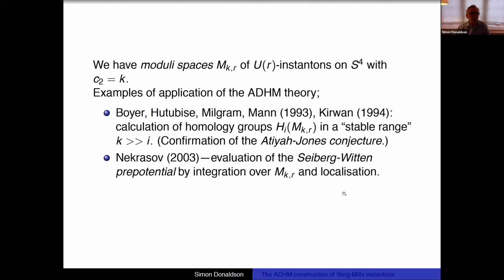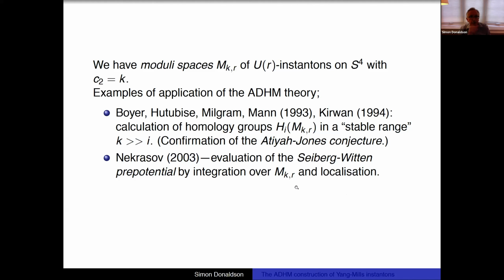In another direction, more directly related to physics, Nekrasov, 2003, used the ADHM description of the moduli spaces to find what's called the Seiberg-Witten prepotential, which I believe is an important thing in supersymmetric quantum field theory, by expressing this in terms of integration over the moduli spaces and then using localization techniques to evaluate the integrals.